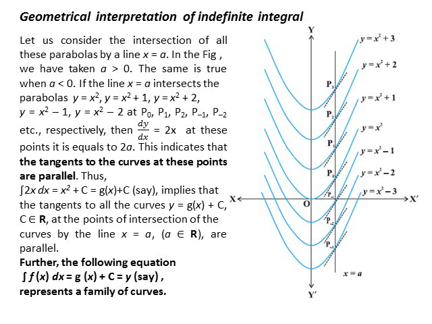So we conclude that the integral of f(x) equals 2x with respect to x is equal to x square plus c, that is g(x) plus c, which represents a family of curves. The different values of c will correspond to different members of this family. This is the geometrical interpretation of indefinite integral.